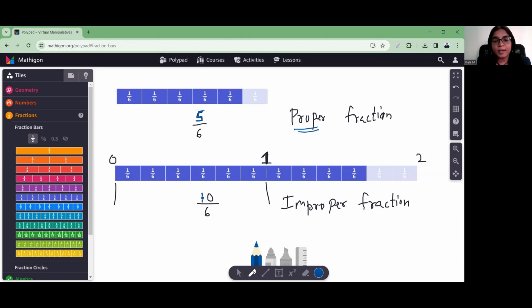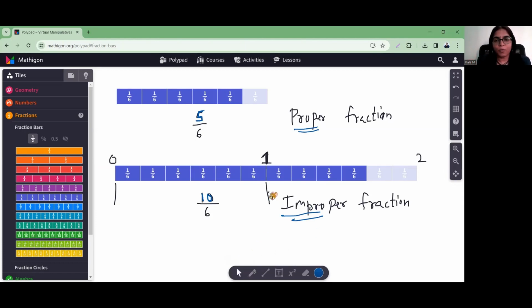The numerator here is more than the denominator 6, right? When the numerator is more than the denominator, it is an improper fraction. In that way also, just by looking at the fraction, you can find out whether it's a proper fraction or an improper fraction.